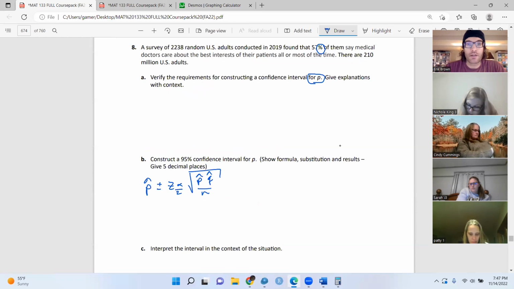You recognized p hat here, and we're able to calculate q hat from that. The question is, were you able to type this into StatCrunch?